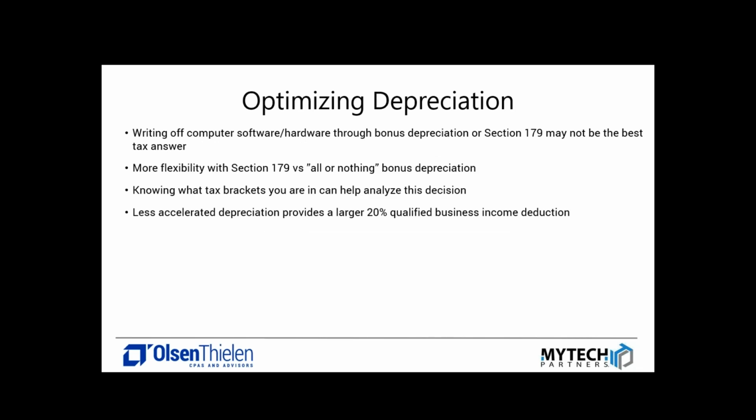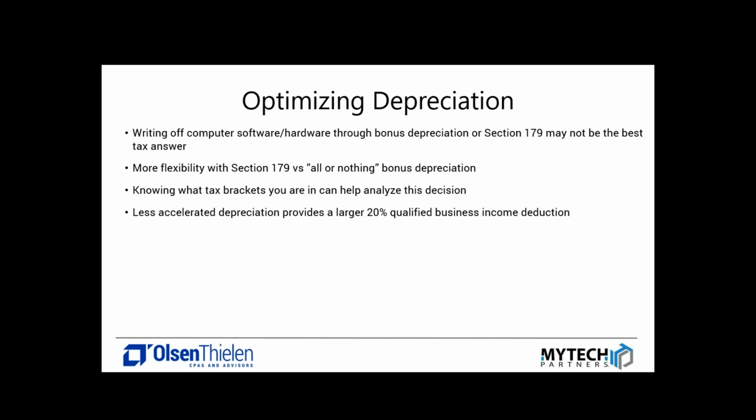So, optimizing. People always say, sure, I'd love to take an asset and write it off right away when I buy it and get the benefit. But there is an optimization. There are some games to play with these rules to make sure that you're getting that deduction at the highest possible tax rate. With Section 179, you have flexibility in choosing your assets on an asset by asset basis, versus all or nothing.